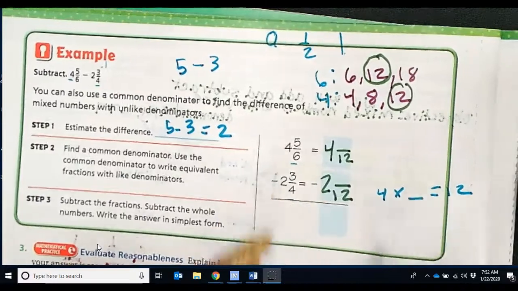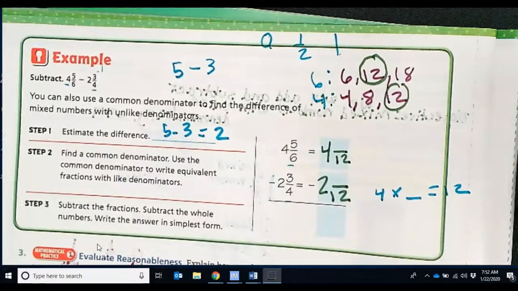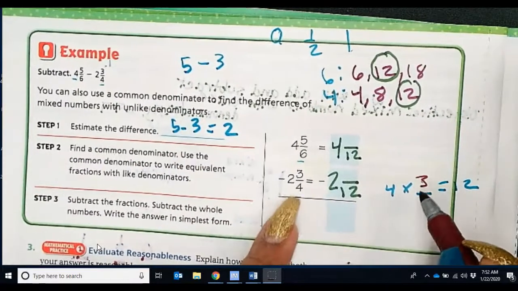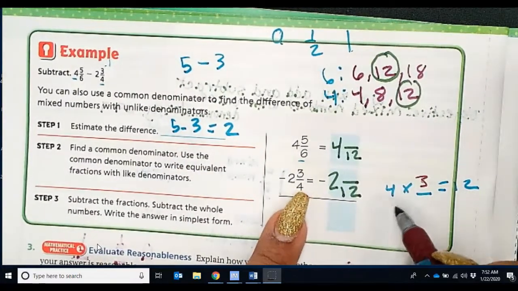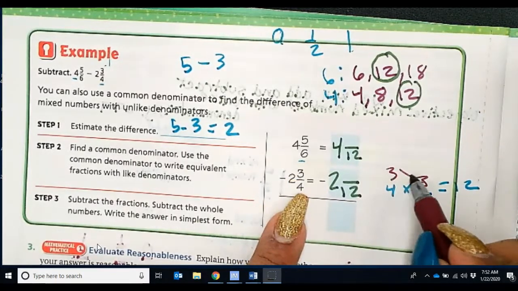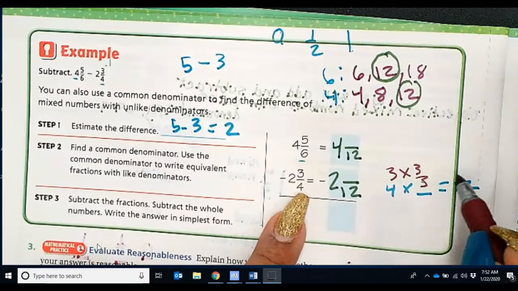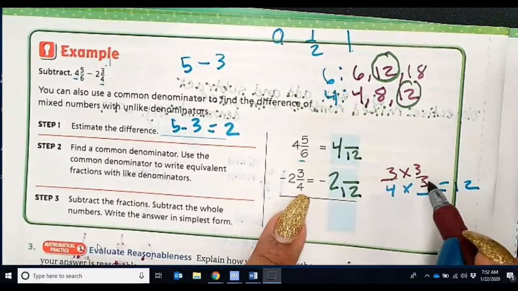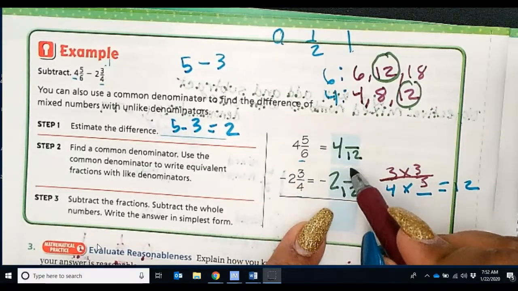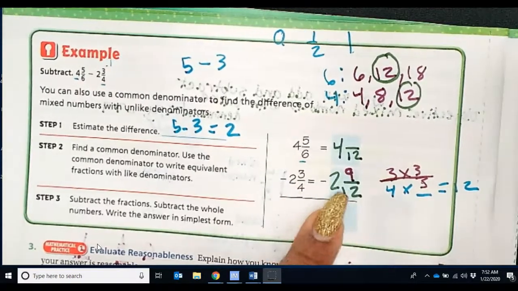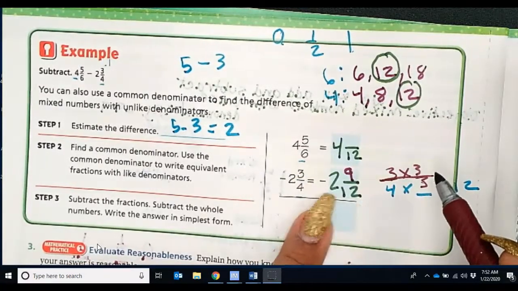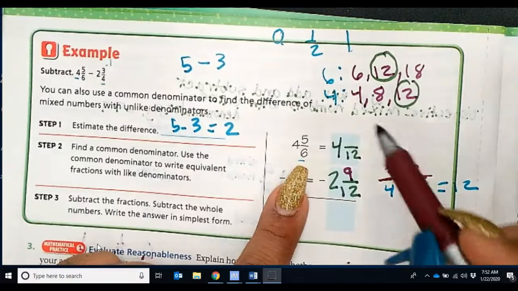So if you said 3, you are correct, right? 4 times 3 equals 12. So if I multiply the 4 by 3, I need to multiply the 3 times 3. What is 3 times 3? 9, right? So that means that my numerator is 9. 9/12 is the same as 3/4. Those are equivalent fractions.